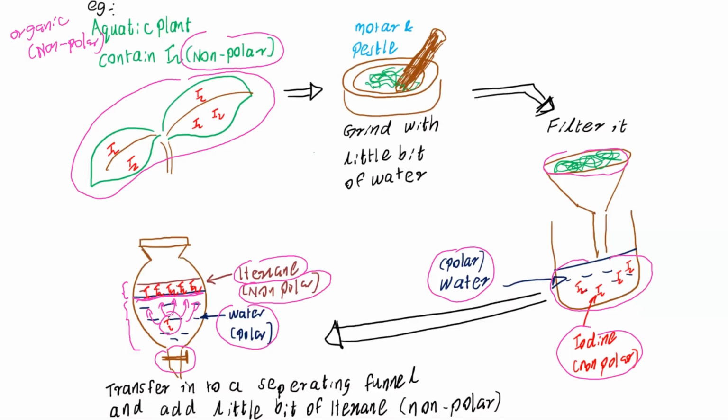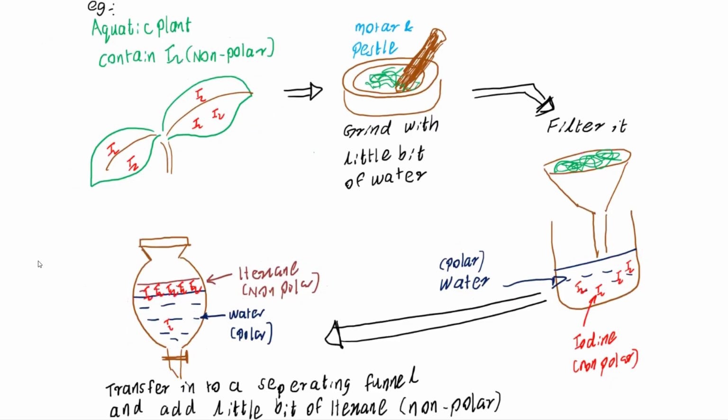But almost all of it will end up going into this hexane layer. Then I'm going to open the tap and remove the water layer. Then I can get the iodine dissolved in hexane. Then I can evaporate or distill off this hexane to get the iodine. Same thing we are going to do. That's the basic concept of solvent extraction.